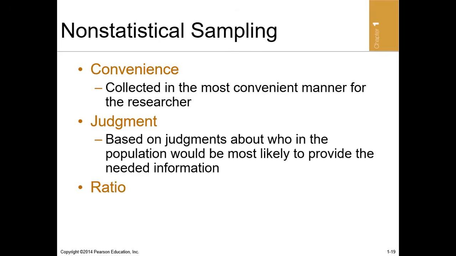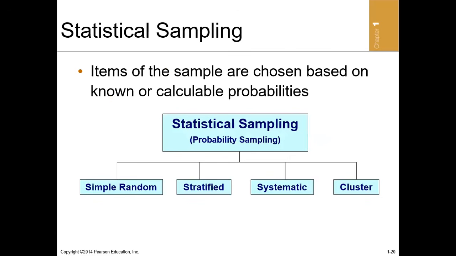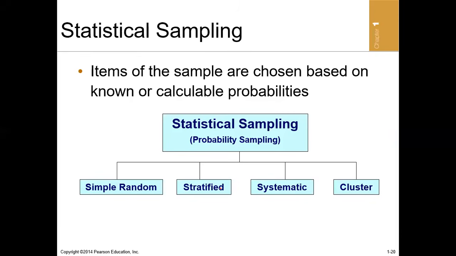But more importantly, I want us to go to the statistical sampling techniques. Now, before we go there, we need to know that the statistical sampling techniques is called probability sampling techniques, and it's also called random sampling technique.